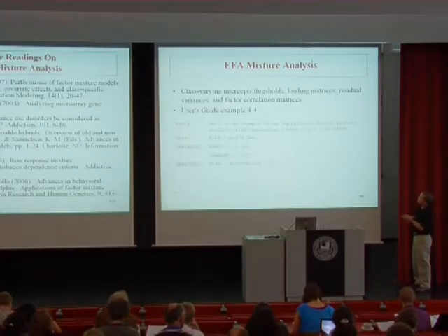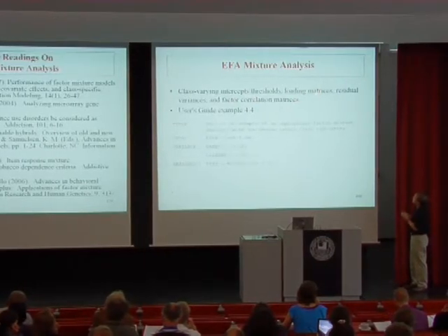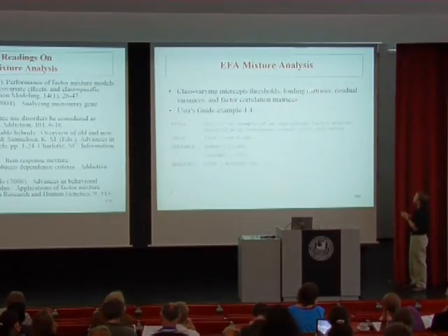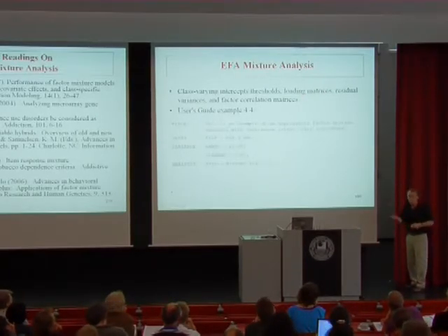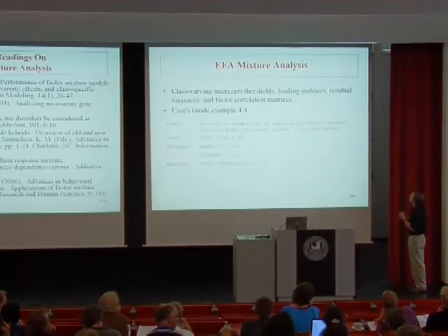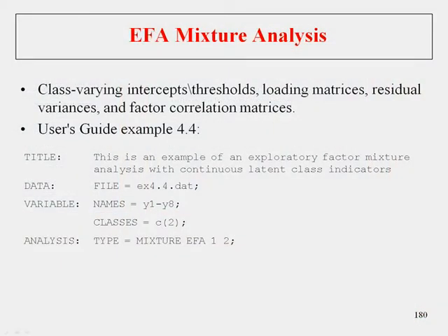And that model is then using class-varying intercepts and thresholds, which is the model in Linda's previous 2 examples, and class-varying loading matrices, so each class gets its loading matrix rotated separately, and class-varying residual variances and class-varying factor correlation matrices.